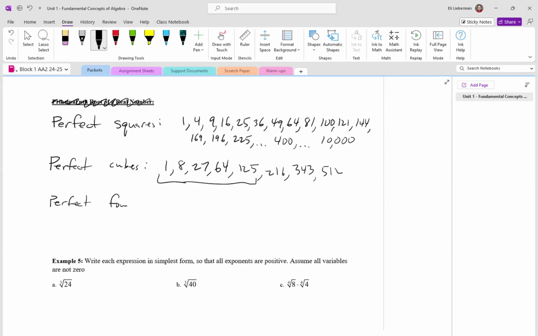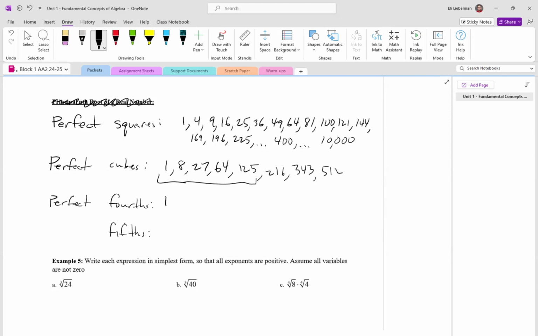Perfect fourths. Good list, and perfect fifths. Fourths. And the first one is 1 for all of them.